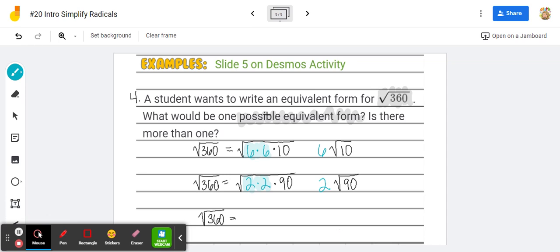A second classmate said that we could use 2 on the outside, square root of 90, because 2 times 2 times 90 is 360. And third and finally, we could also use 3 square root of 40, because 9 times 40 is 360, or 3 times 3 times 40. So go ahead and practice today, guys, on number 20, and we'll come back together on Monday.